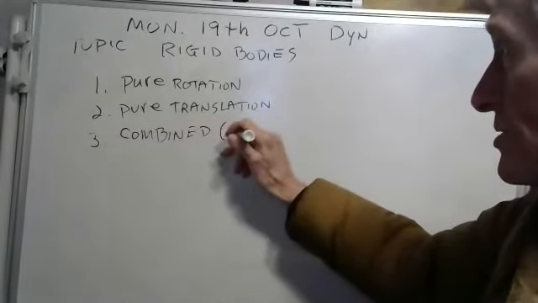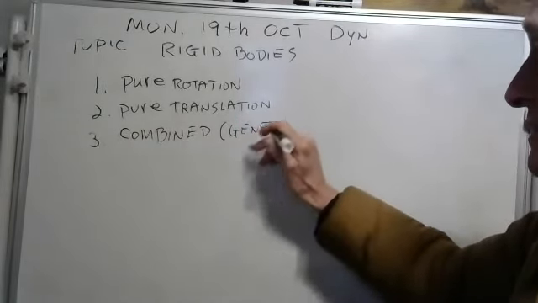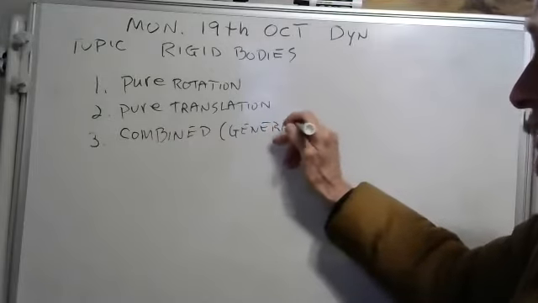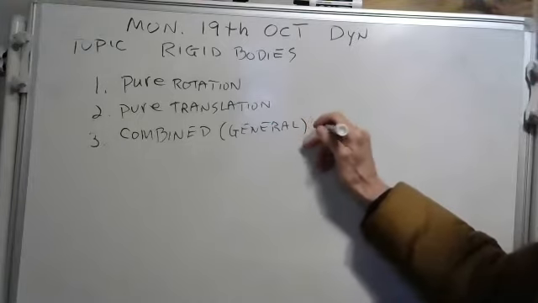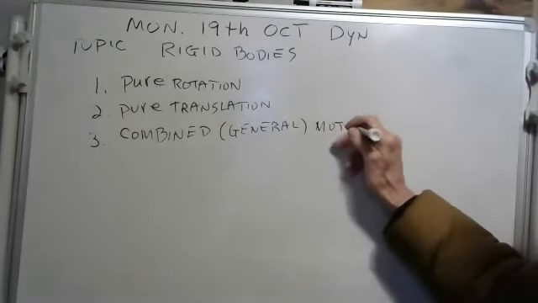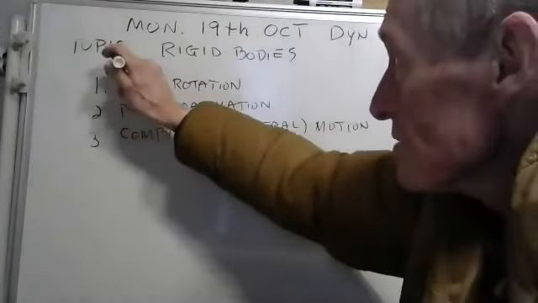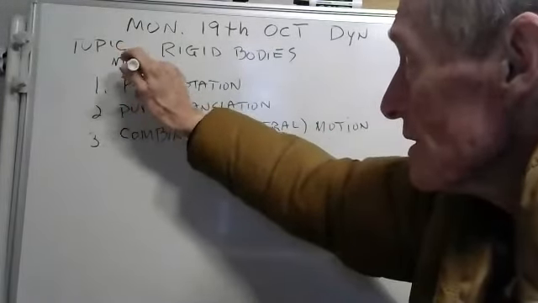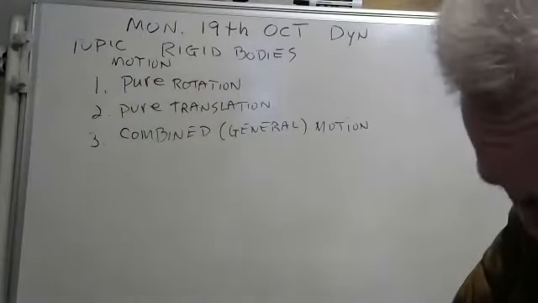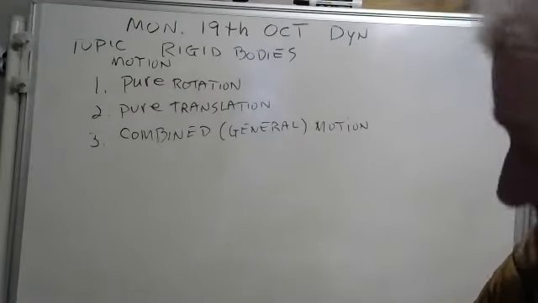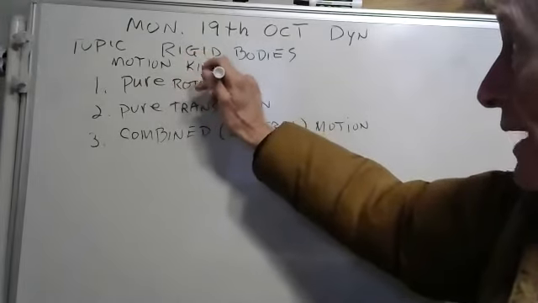I think the book calls it general motion. So there are three kinds of motion of rigid bodies. And after we study motion, they have a fancy name for it. It's called kinematics.